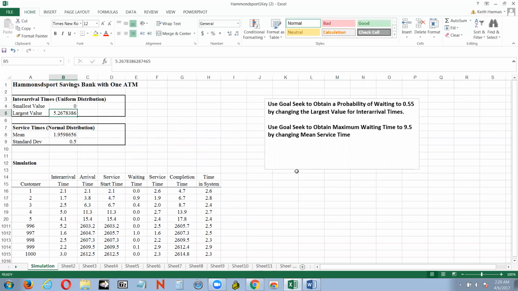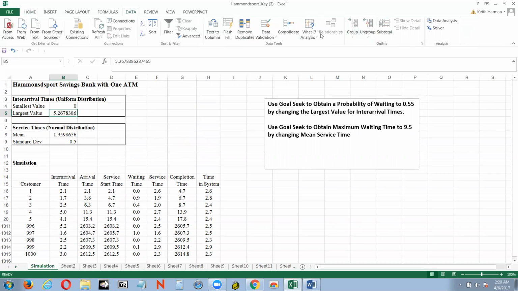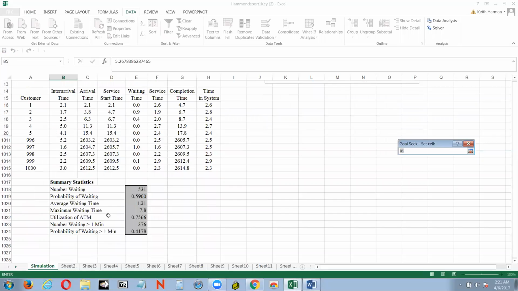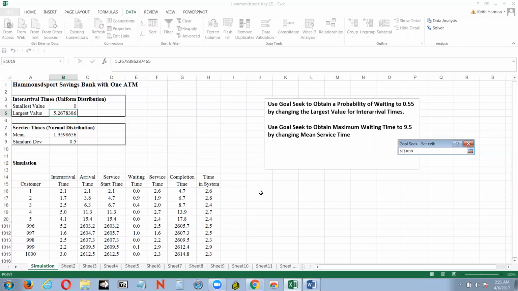So we're going to use GoalSeek here. I'm going to click on Data, come over to What If Analysis, and click on GoalSeek. I'm going to use GoalSeek to set cell E1019 to 0.55 by changing cell B5, excuse me, B5.